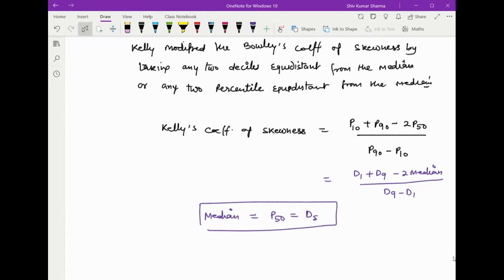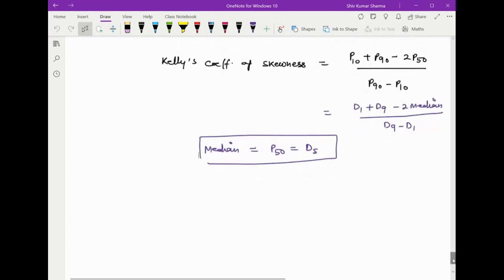We have already discussed the formulas for decile and percentile for individual and discrete series. So we solve problems related to Kelly's coefficient of skewness. This is the third formula. We take one problem related to Kelly's coefficient of skewness. Note down.